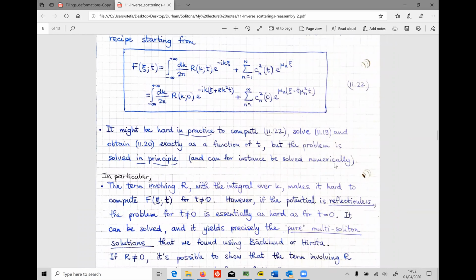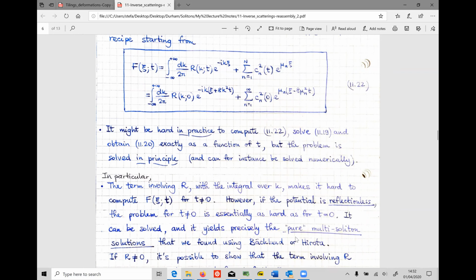However, there are some potentials that we studied earlier which are such that the reflection coefficient vanishes for all wave numbers k. Those were the so-called reflectionless potentials.